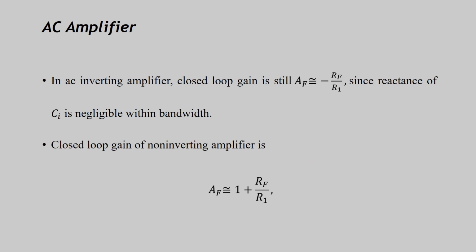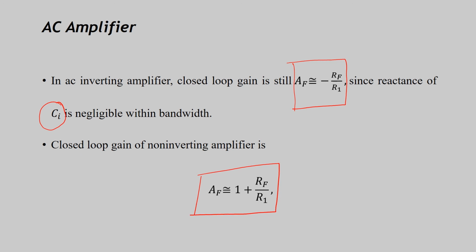So in the AC inverting amplifier, the closed loop gain is AF equal to minus Rf by R1. Since the reactance of Ci is negligible within the bandwidth, the closed loop gain of the non-inverting amplifier is AF equal to 1 plus Rf by R1.